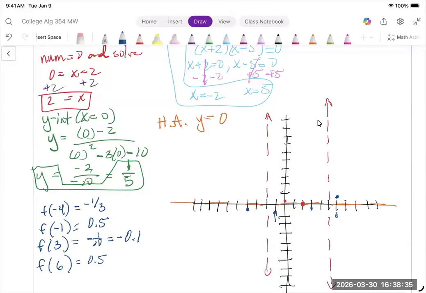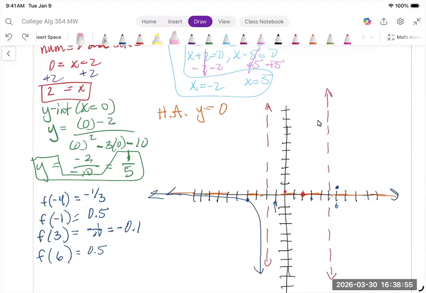Because remember my horizontal asymptote? I'm going to follow this line, and my vertical asymptote tells me to follow this line. I don't have any x-intercepts over here. So I know that I am a boomerang completely above the x-axis. So I'm just going to come down.